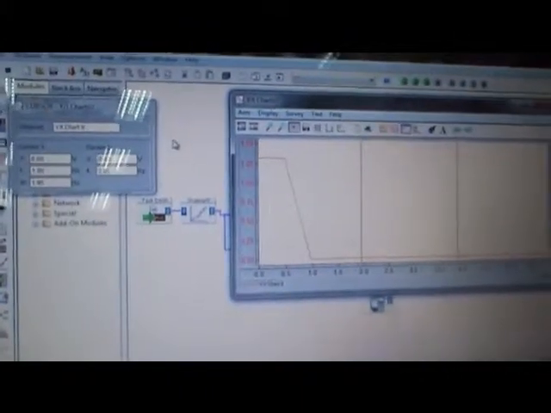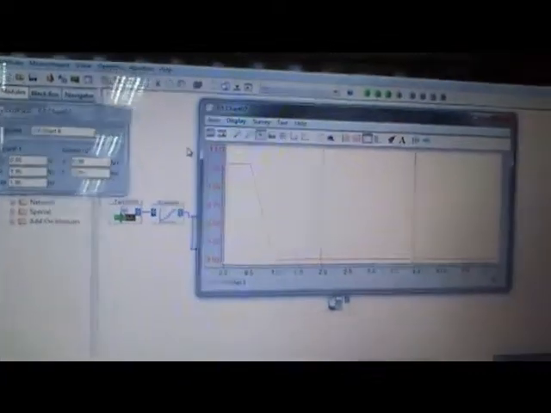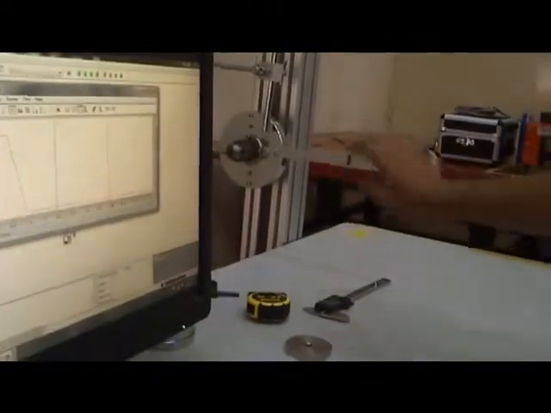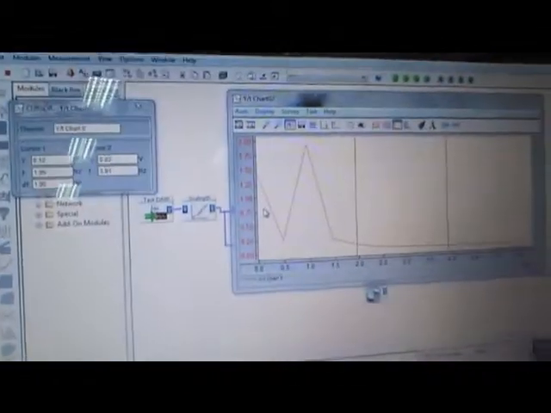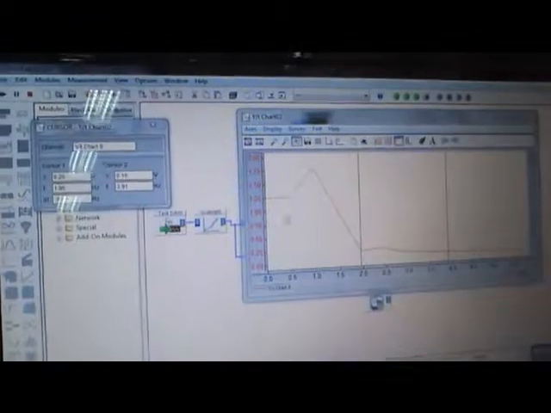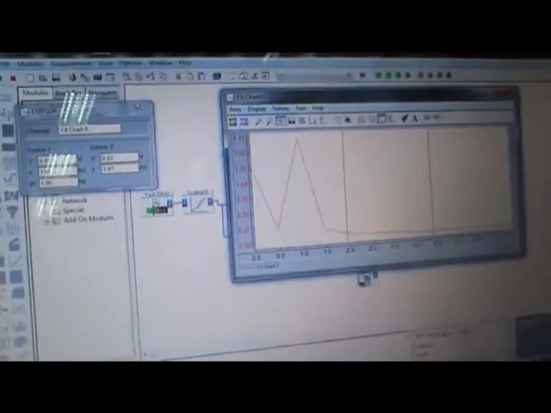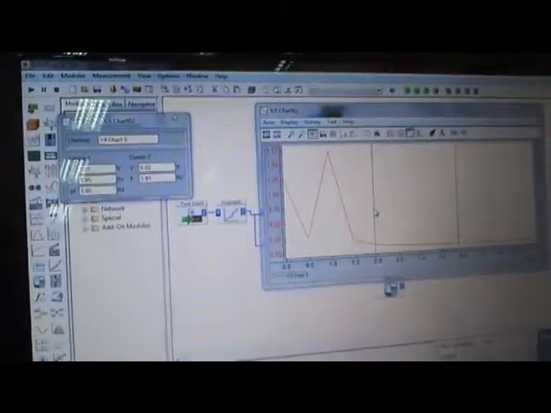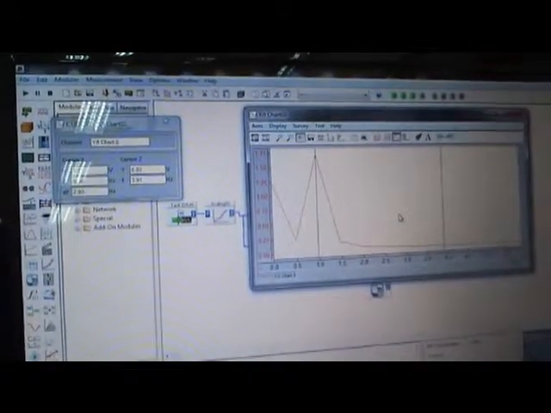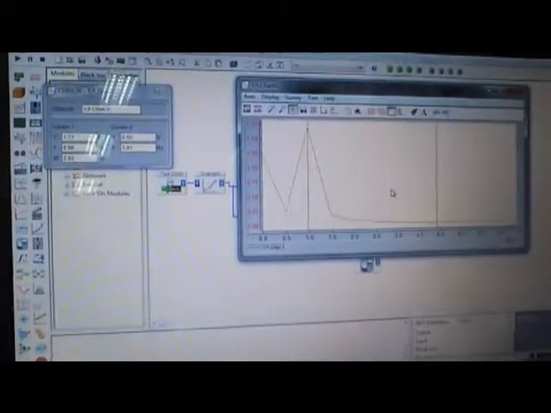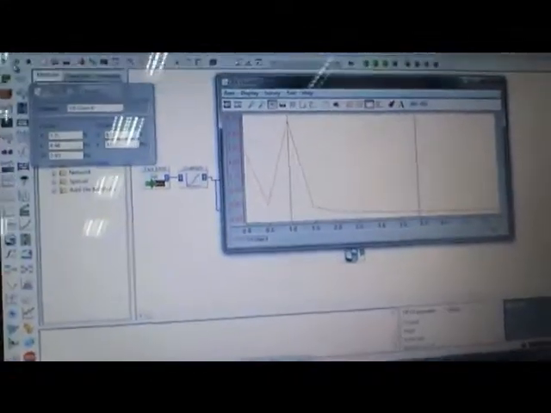Now we give a force to the system and we'll play. As you can see, we'll freeze this, stop the system, and this would be our damping frequency for this system.